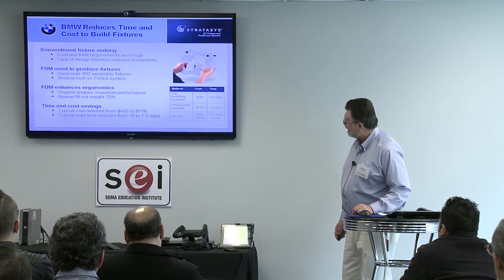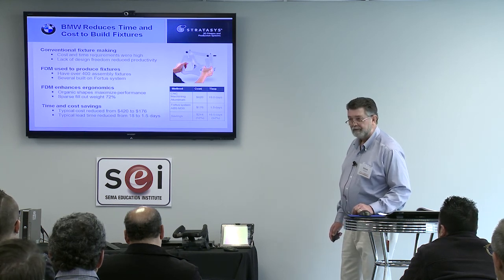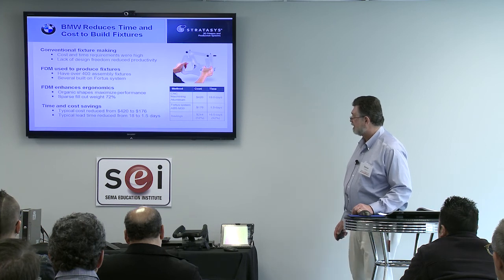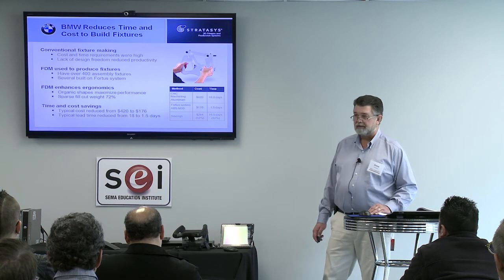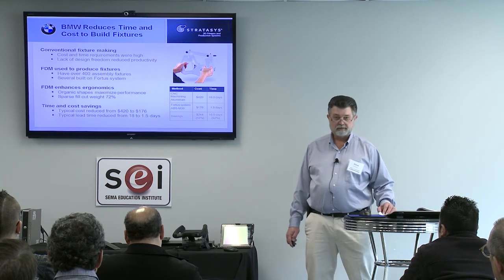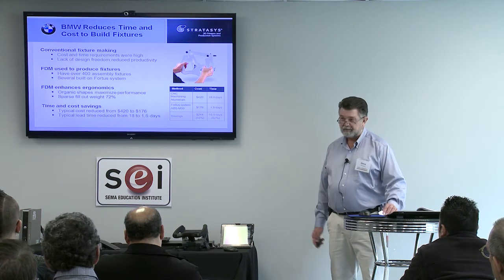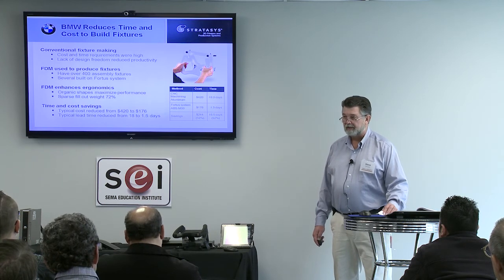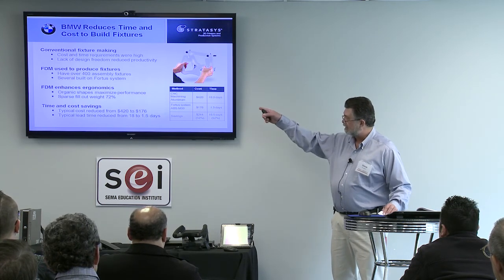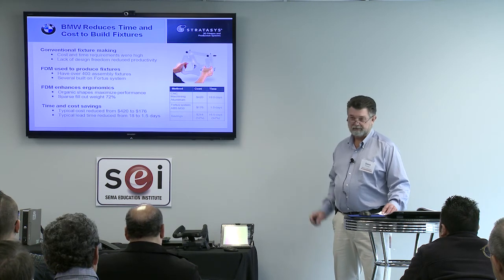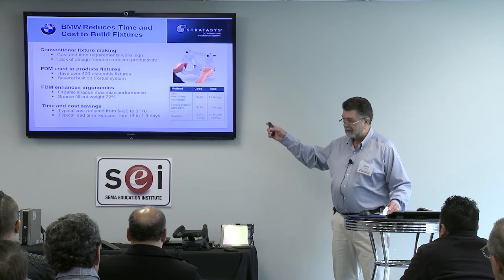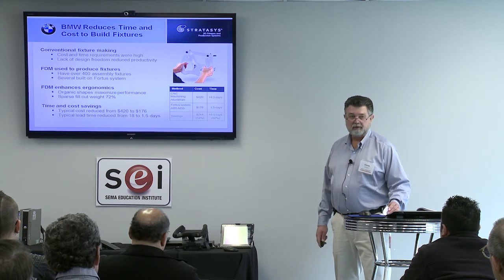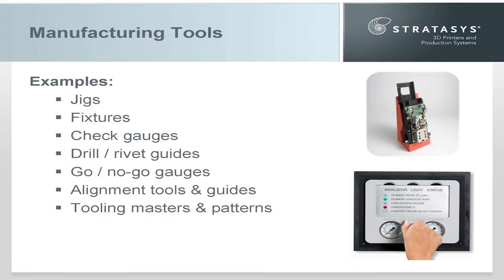Fortis system, we turned that around: $176, a day and a half. 58% savings in dollars and 92% savings in just time to produce these. The other thing is, if that gets damaged, what happens in the cycle? I've got to go back into this cycle of CNC machining if it's a metal one, and here we go again. Where with the Fortis, I can put it in there, have the part overnight, and move on.